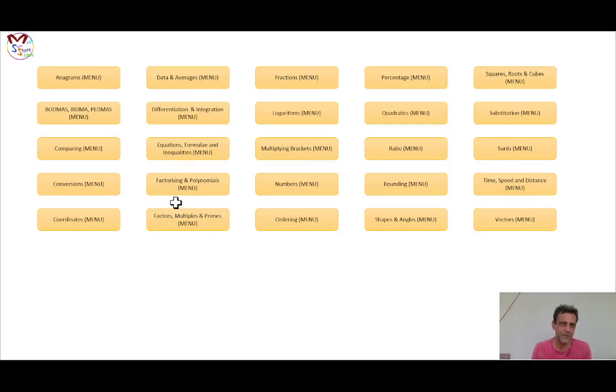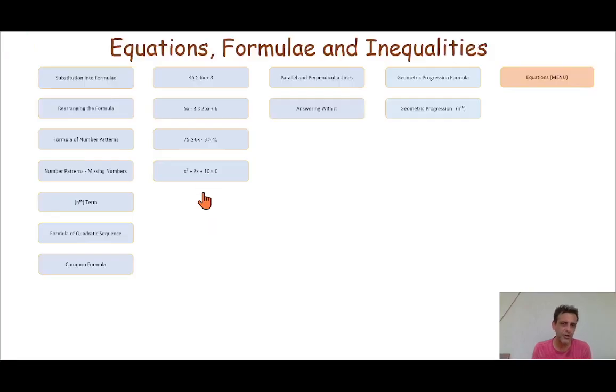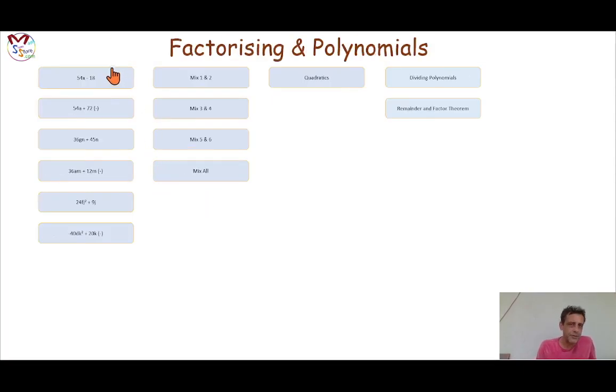Then we've got equation. Oh, I've done that. Factorizing and polynomials. These are factorizing, the first ones, and the different levels of factorizing.